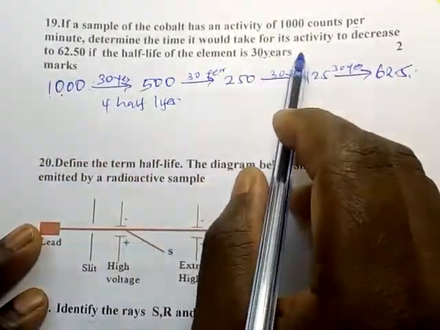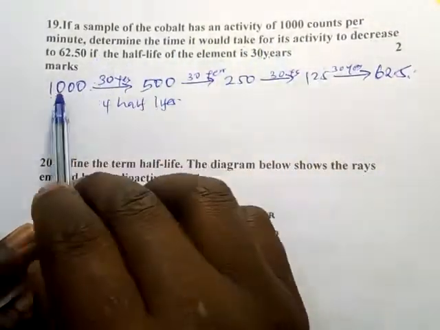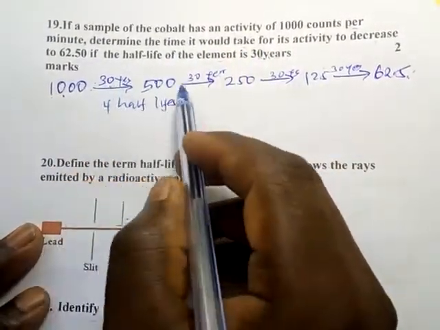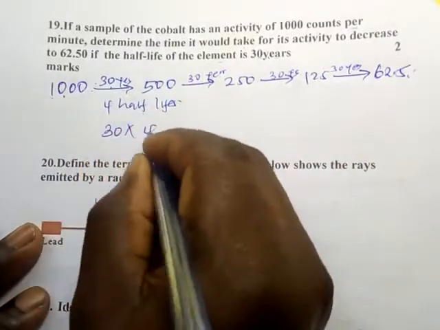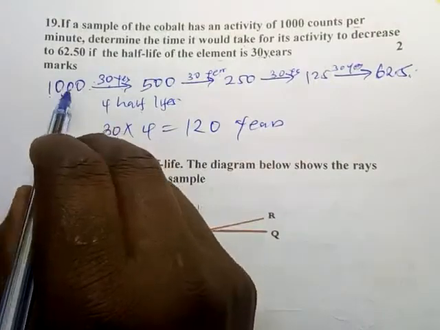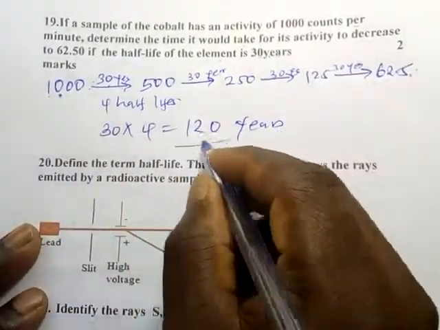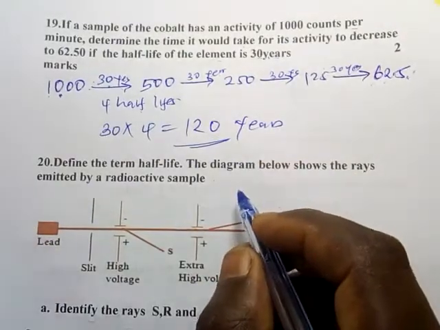The question is asking for the whole time, so it is 30 times 4. It will take 120 years for the activity to decrease to 6.25. 120 years.